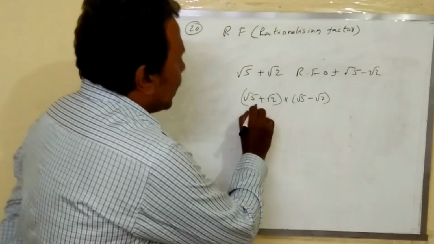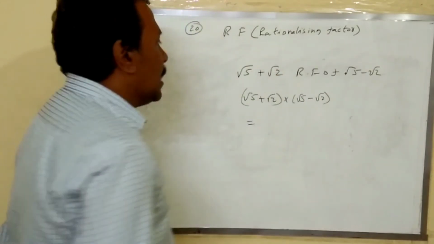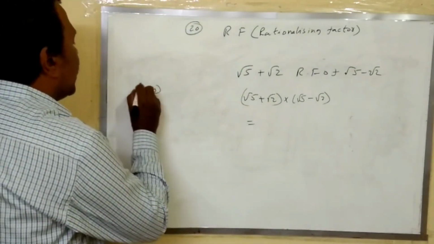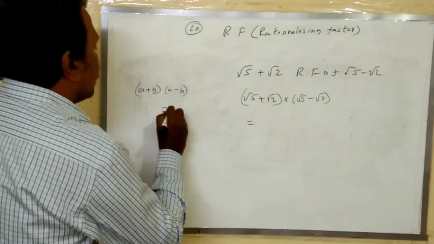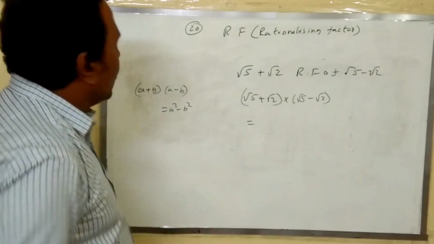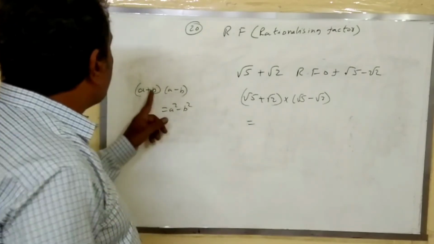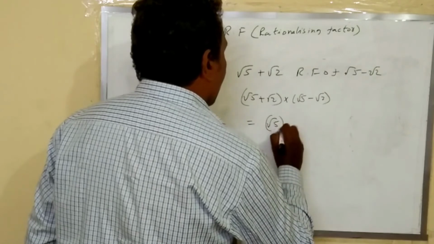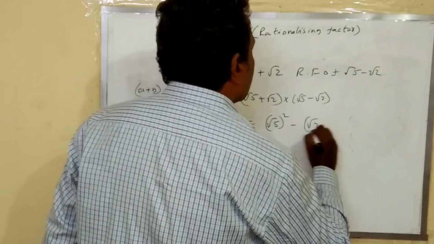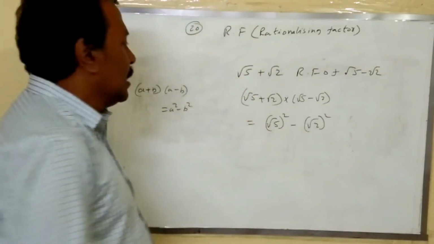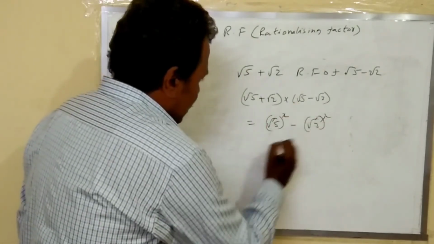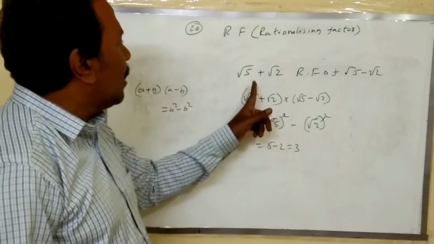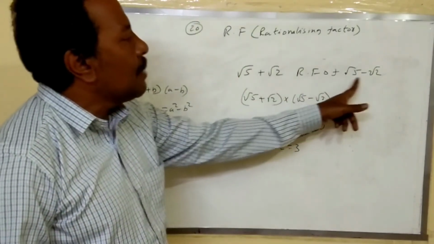This is in the form of a plus b into a minus b, which is equal to a square minus b square. Here in place of a, root 5 is there. In place of b, root 2 is there. So this can be written as root 5 whole square minus root 2 whole square. Square and root get cancelled. That becomes 5 minus 2, which is equal to 3. So the RF of root 5 plus root 2 is root 5 minus root 2.